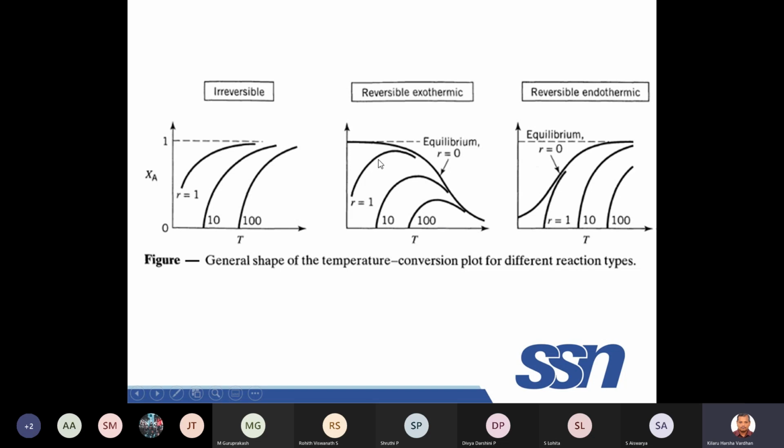You have to see that there is a high point, there is a maximum here, and you have to operate your system along it rather than at a very high temperature. In this process, if you go along this locus, your temperature goes on decreasing.